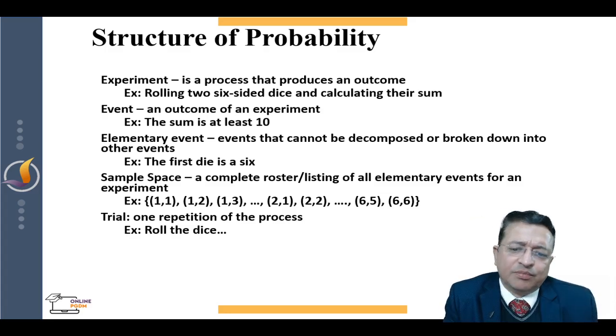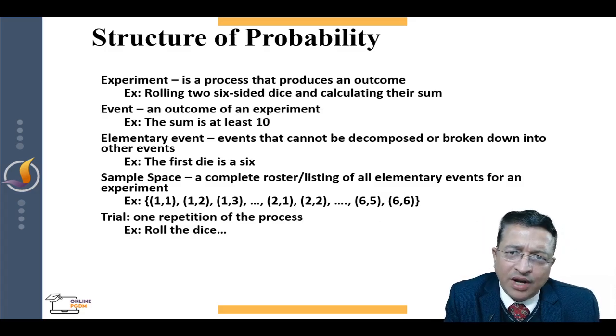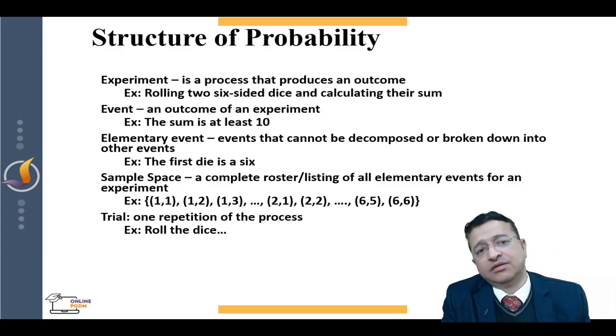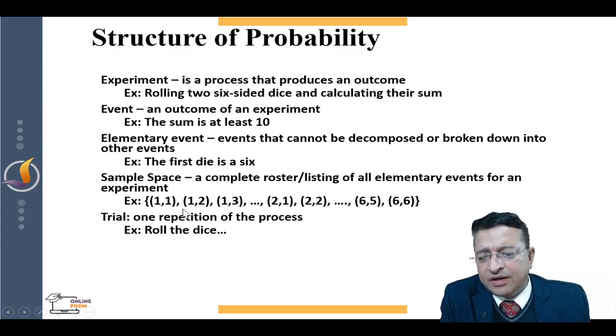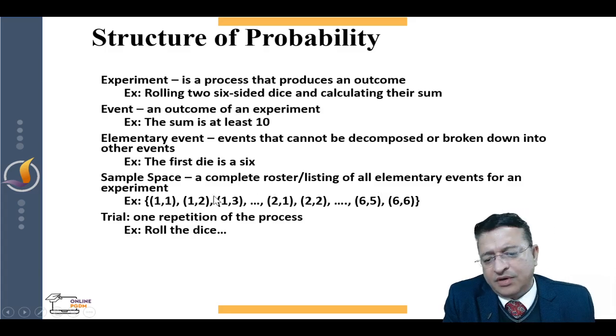Suppose we toss a die twice, so what could be the different outcomes? There could be 1 on the first die, 1 on the other die. There could be 1 on the first and 2 on the second die. Similarly, you will have a list of outcomes.